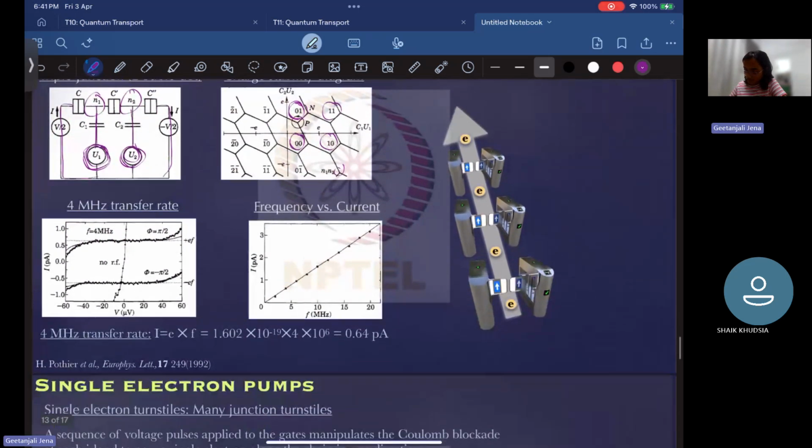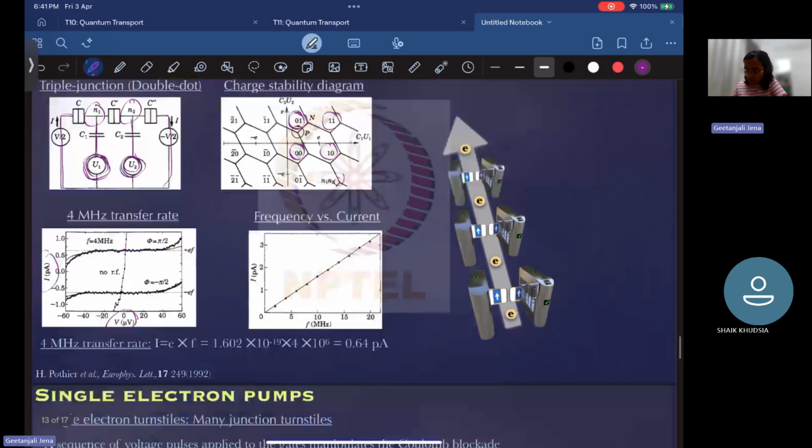This is the current versus voltage graph for a metallic single electron pump. If you apply a frequency of 4 megahertz, you can use the relation I equals ef, and you can calculate that the current would be on the order of 0.4 picoamp. From that, you get a graph like this.